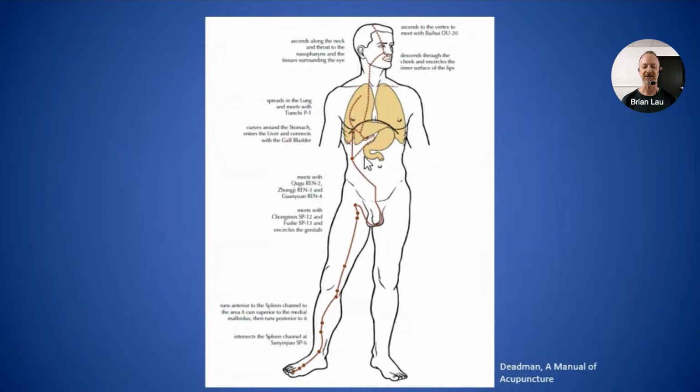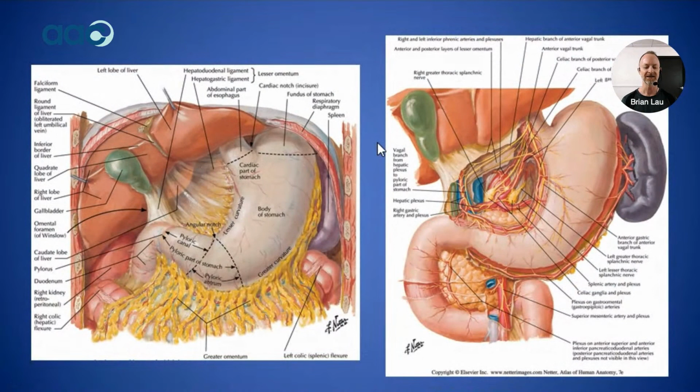But let's look at this internal pathway and discuss some of the potential anatomy for that. These internal pathways can be a little bit more vague. So I'm going to go to a couple images actually from Netter's Atlas of Anatomy. Fantastic anatomy atlas. So in Netter's Atlas, here we have inside the abdominal cavity. So peritoneum's removed.